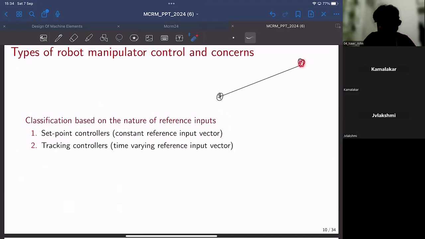So at all times, this will be your reference, and you want your actual position to converge to your reference. But in a tracking controller, your reference input is actually a time varying vector, because if you are here, your reference would be this distance, and if you are here, your reference would be this distance, and it keeps on changing with respect to time, because you need to reach each of these individual positions at a particular time. The trajectory influence is also there in the case of tracking control.